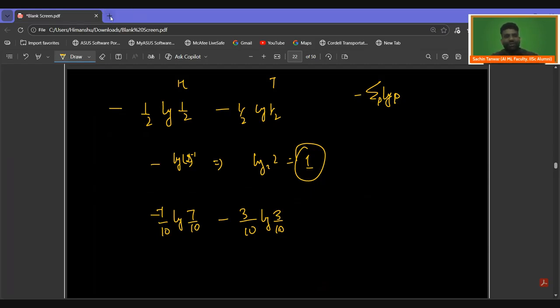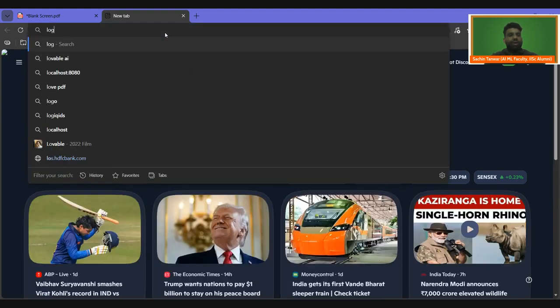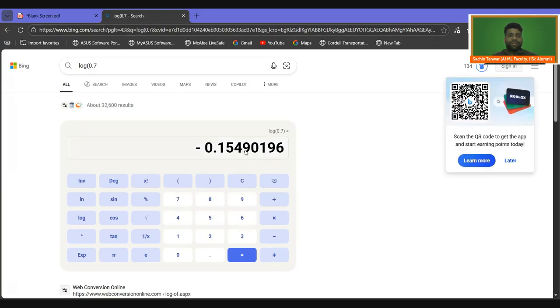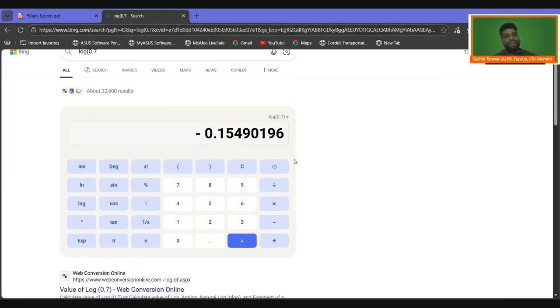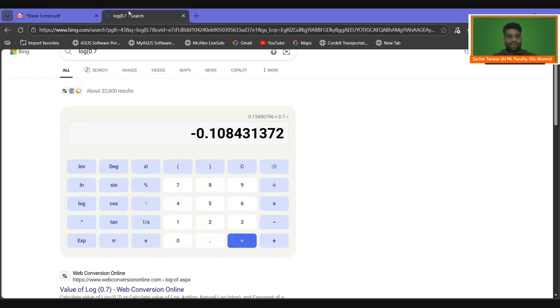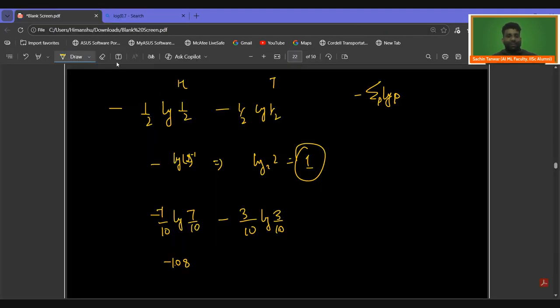So with respect to this, what is log of 0.7? It's minus 0.15. I'll multiply it by 0.7, and we get minus 0.108. Sorry, my bad, the decimal point matters a lot.